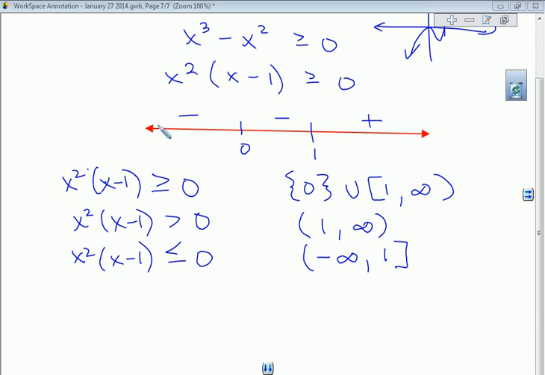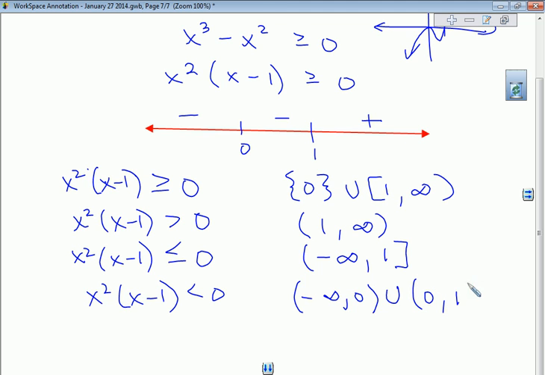Less than or equal to is all that. But what if it were just less than? Parentheses. It would be from negative infinity to 0, union with 0 to 1.